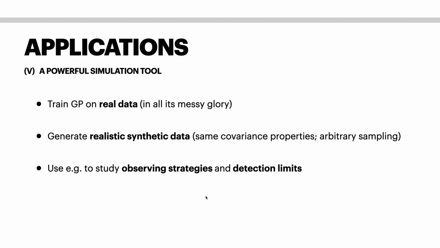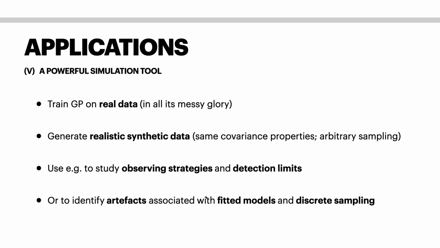This could be useful, say, if you needed realistic data for studying optimal observing strategies or detection limits. It can also be useful for identifying artifacts associated with fitted models or discrete sampling, by which I mean that if your model finds a planet in synthetic data that you know doesn't contain a planet, then you've got a problem.